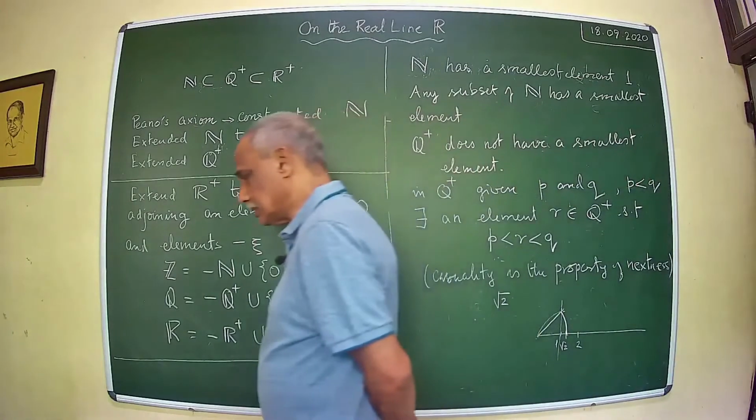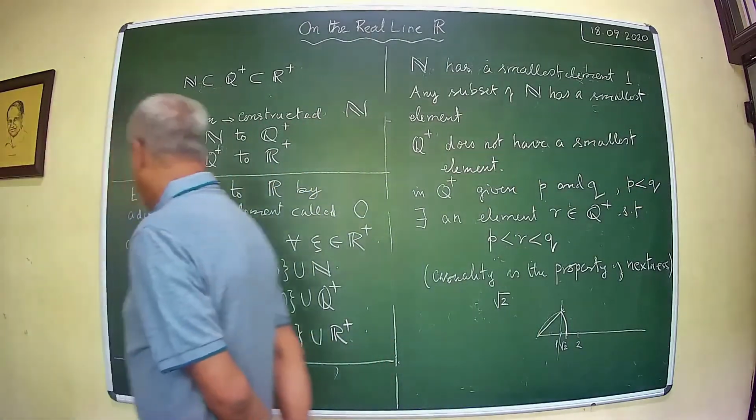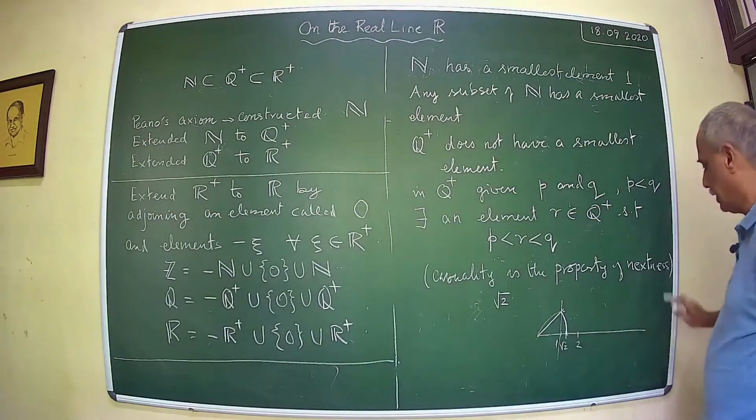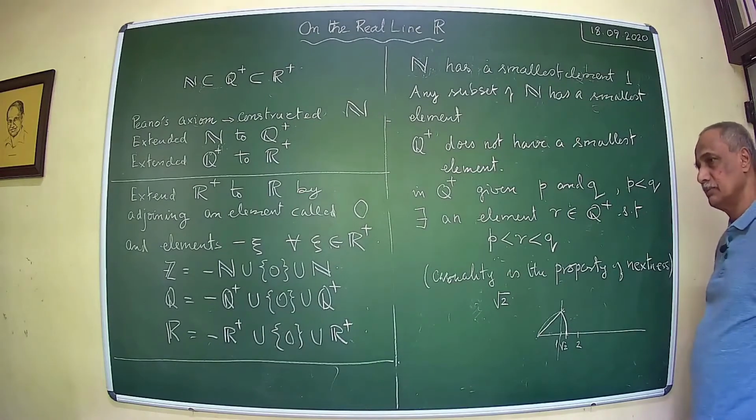But then this is not a rational number. Now that's the problem. So there are a lot of entities on this line which are no more rational numbers. Okay? And how to catch hold of them?